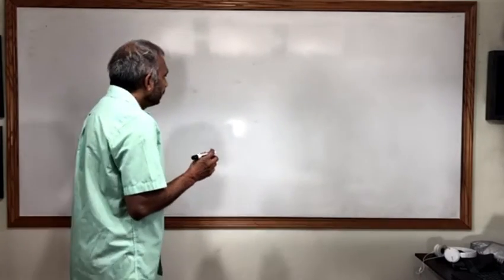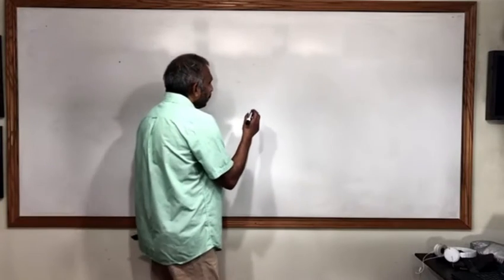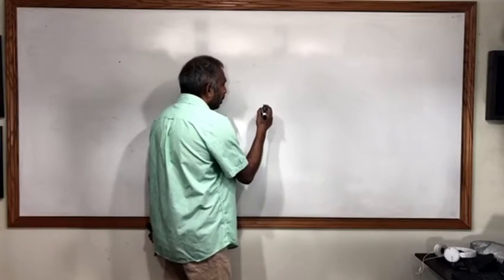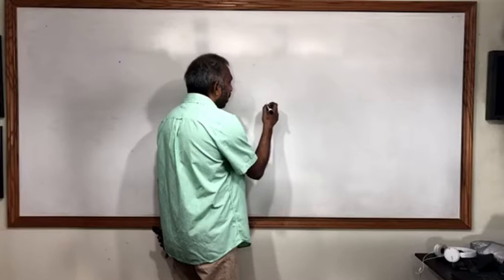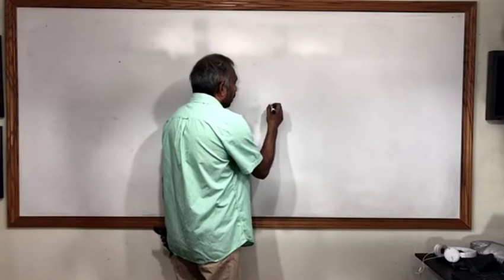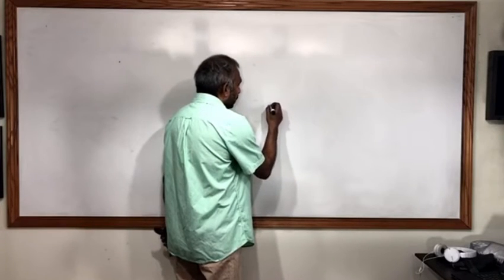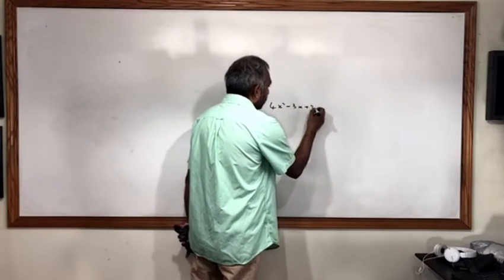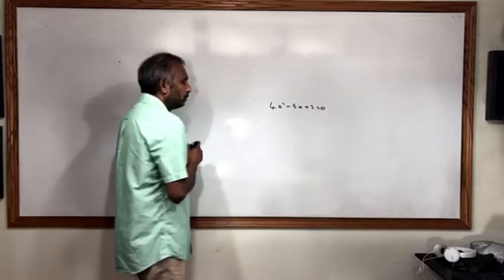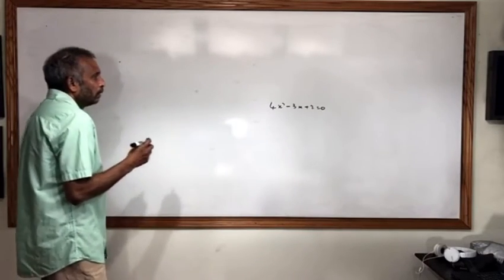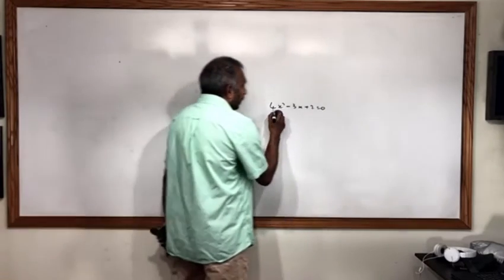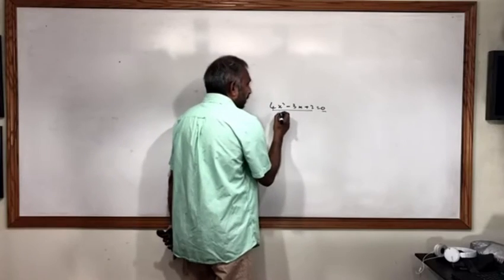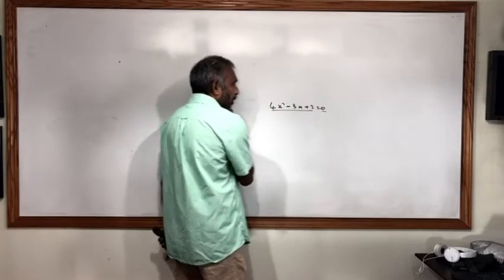So the idea is, when you want to solve a polynomial equation like, let's say, 4x squared minus 3x plus 2 equal to 0, we write the polynomial on the left hand side and 0 on the right hand side and try to find the value of x.